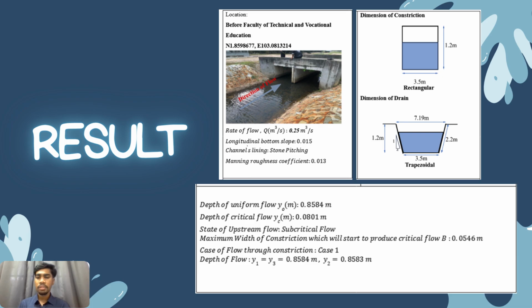Based on our result, the depth of uniform flow YO is 0.8584 meter, and YC is 0.0801 meter, and the upstream flow is subcritical. The maximum width of constriction which will start to produce critical flow is 0.0546 meter, and the case of flow through constriction is case 1, and the depth of flow y1 equals y3 is 0.8584 meter, and the y2 is 0.8583 meter.